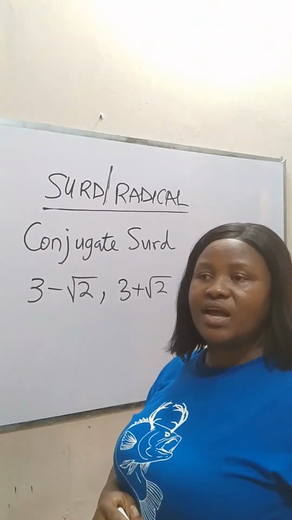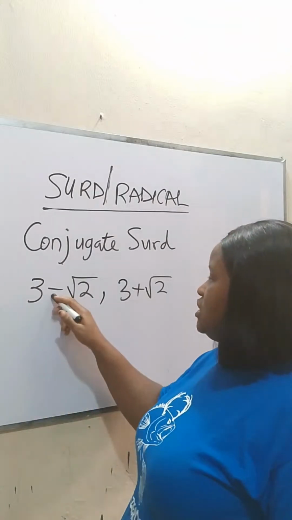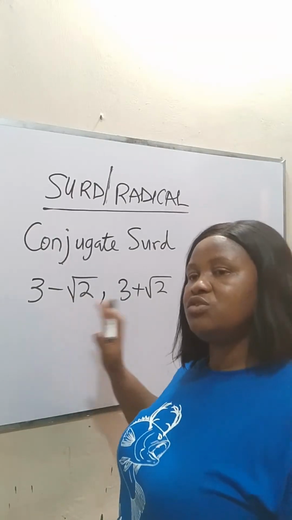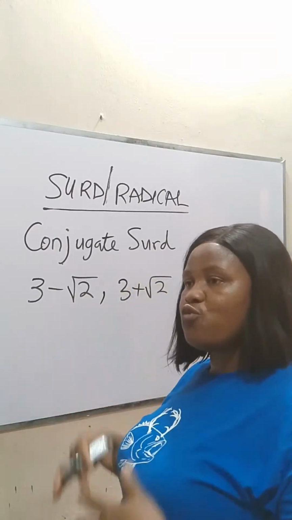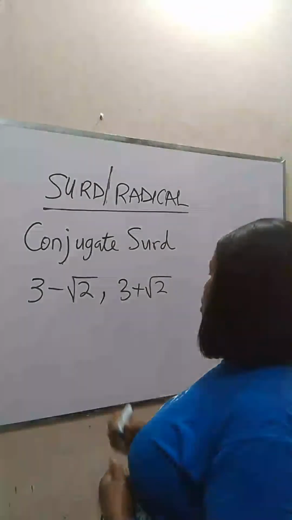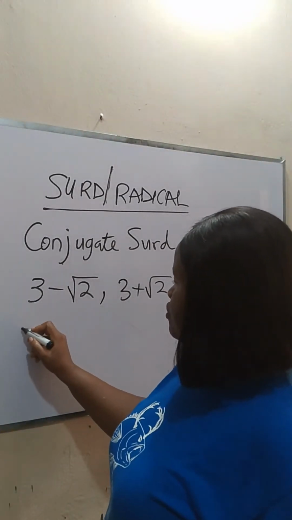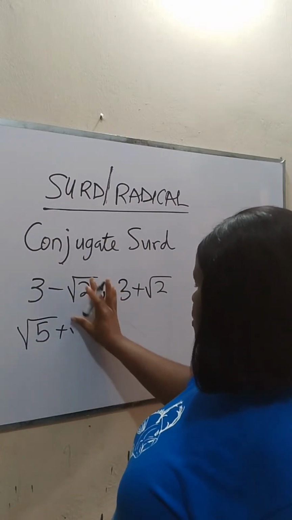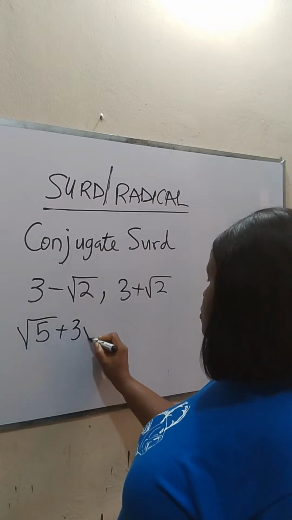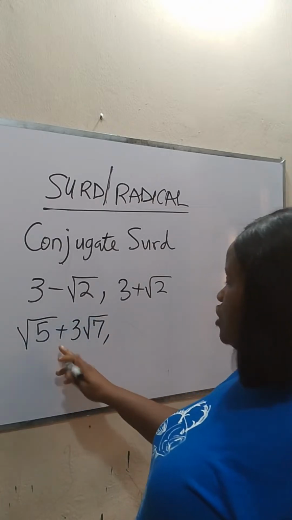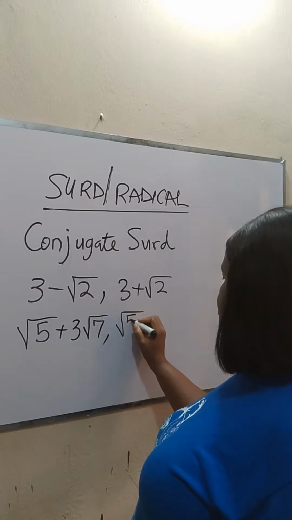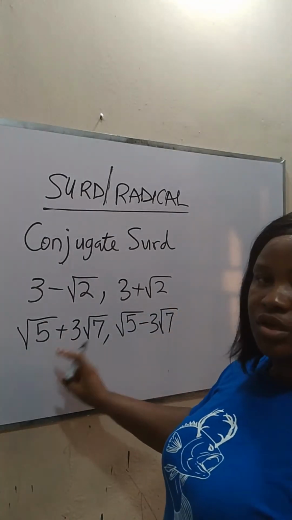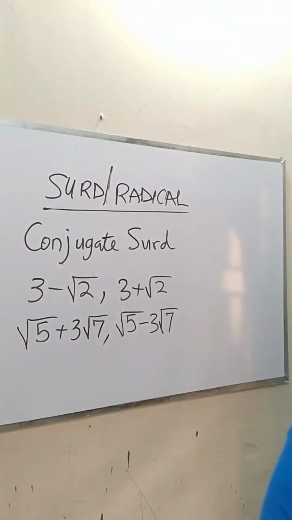So when you are given a surd and asked for the conjugate, if it's negative you change it to positive. If it's positive you change it to negative. That is the summary of what conjugate means in surds. So if we have root 5 plus 3 root 7, its conjugate is root 5 minus 3 root 7. All you do is change the sign and you get the conjugate.